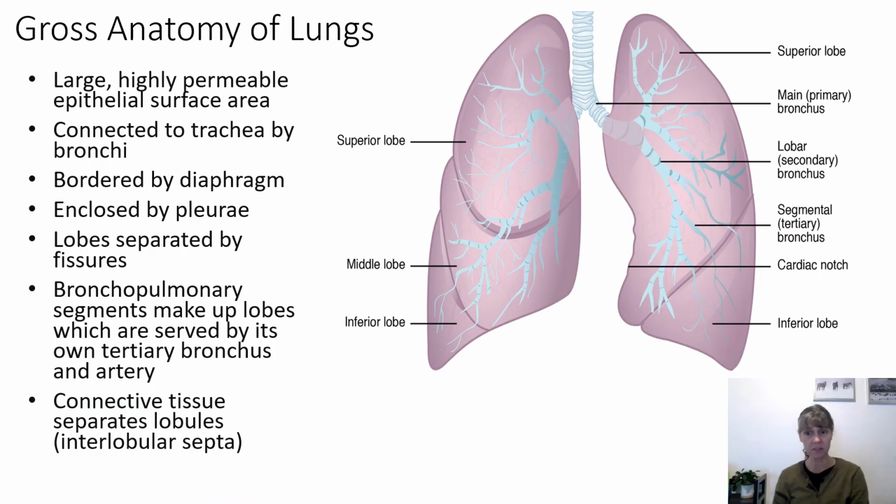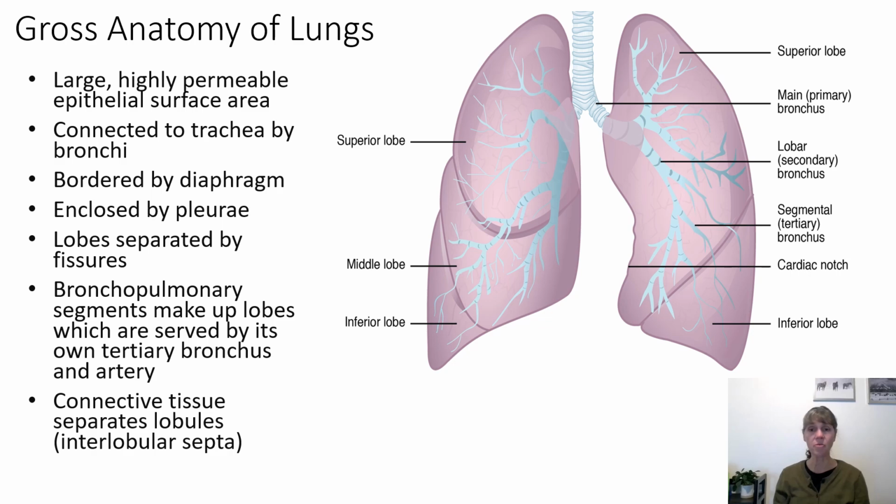When we look at the gross anatomy of the lungs, we can see that they are made up of a large, highly permeable epithelial surface area that is connected to the trachea by the bronchi. And where the bronchi enter the lungs is also an indented area of the lungs where blood vessels and nerves will enter. That's referred to as the hilum of the lung, where that indentation is.